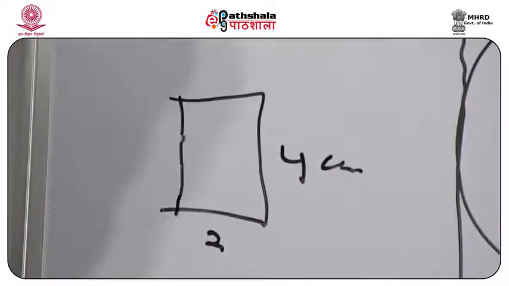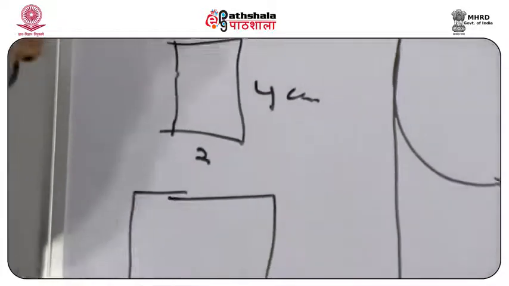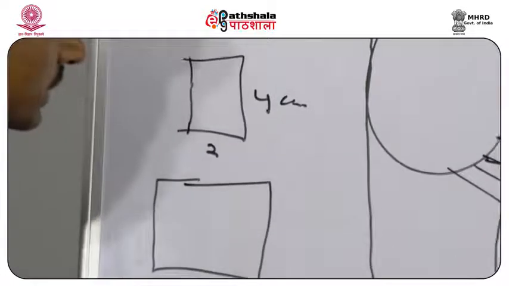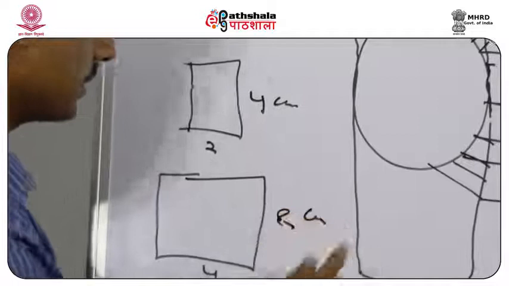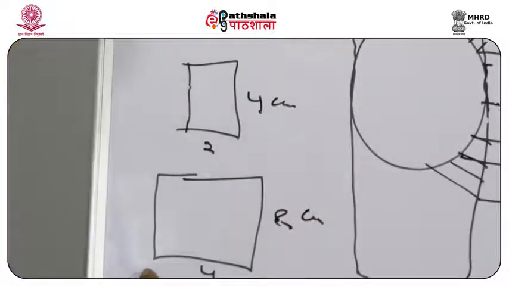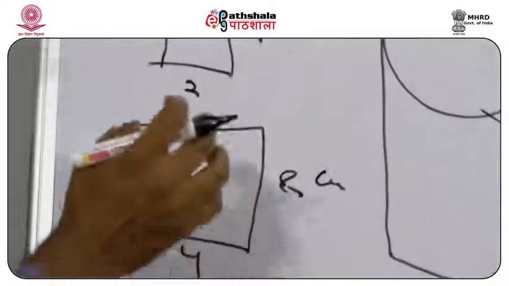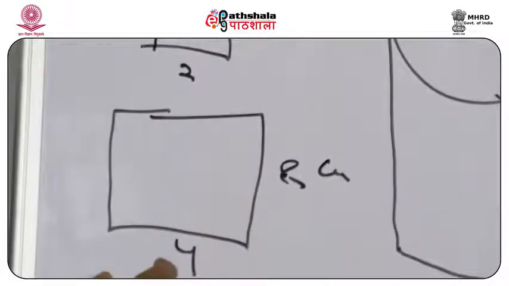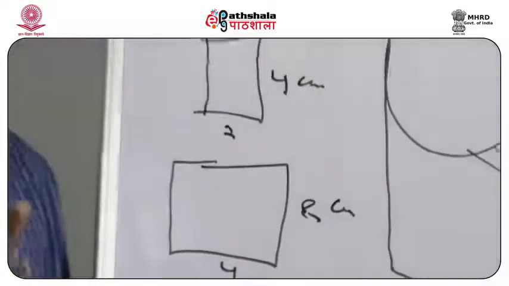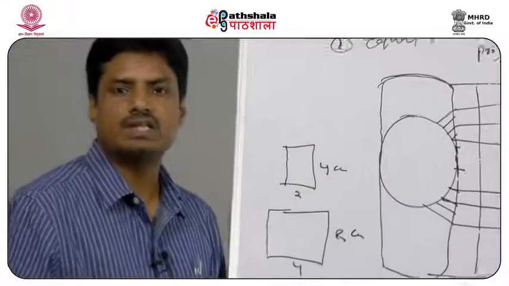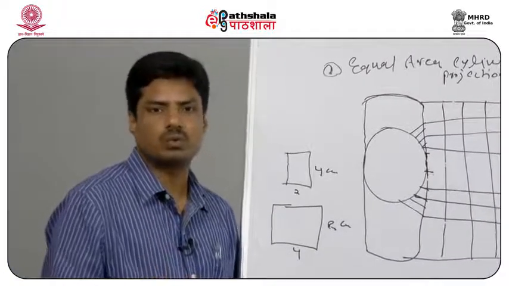But if we make it just double, the width will be 4 centimeters and the length will be 8 centimeters. Here what is common? The size changed, but the shape remained constant. Similarly, this is the advantage with Mercator's projection, that the shape in Mercator's projection remains true.